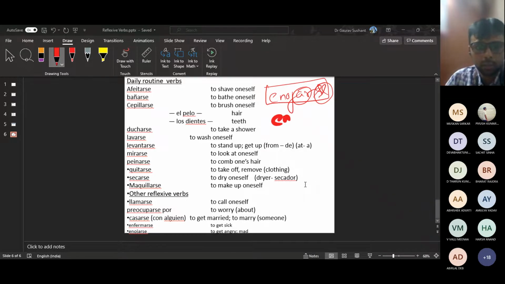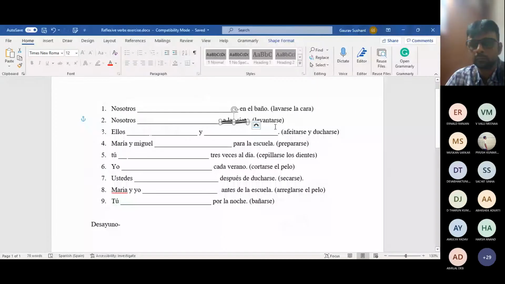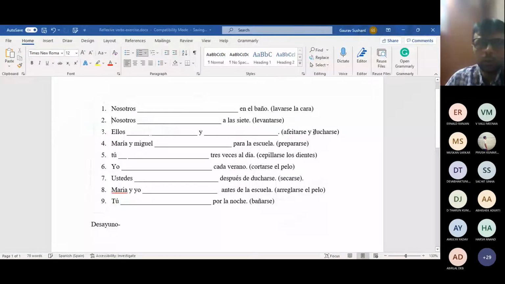I'm just sharing it here. This exercise, you can do that. You have to fill in the blanks by conjugating the verbs which are there in the bracket.